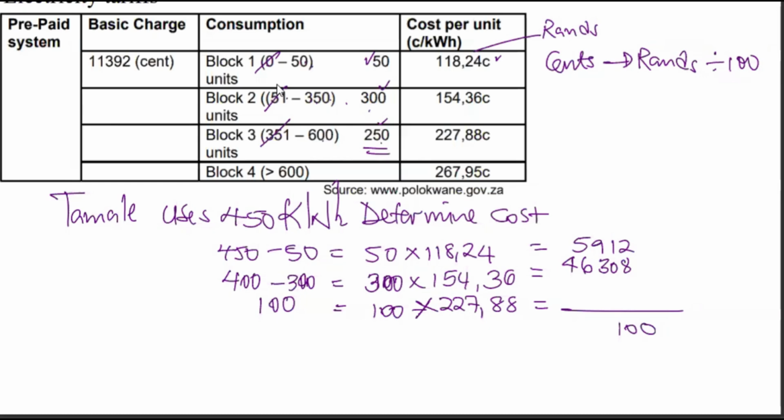Here we have 100 times 227,88, and we have it as 22,788.